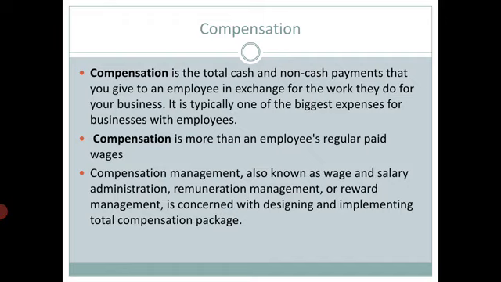Because the satisfaction which we call job satisfaction is reflected through the compensation package which you pay to your employee. So when we think about employees' job satisfaction, this compensation is that important.